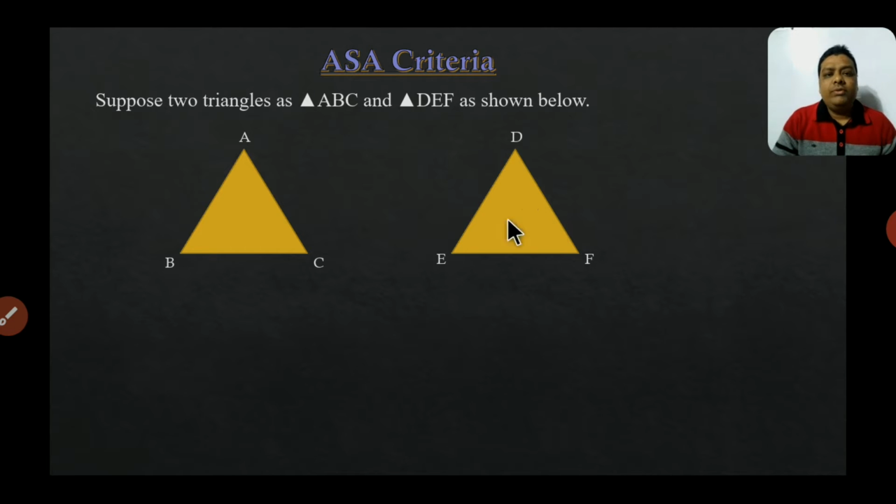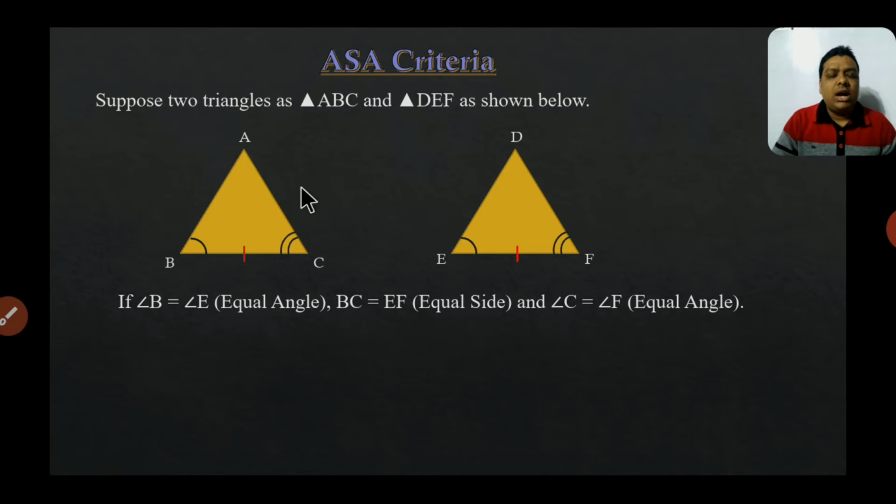So if angle B is equal to angle E, side BC is equal to side EF, and angle C is equal to angle F, then in that case we can say that these two triangles are congruent to each other.